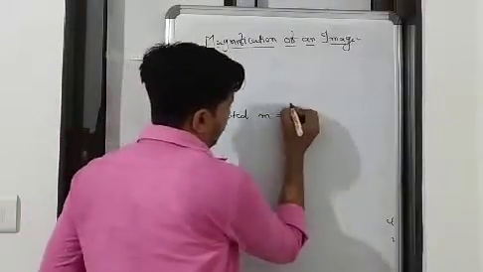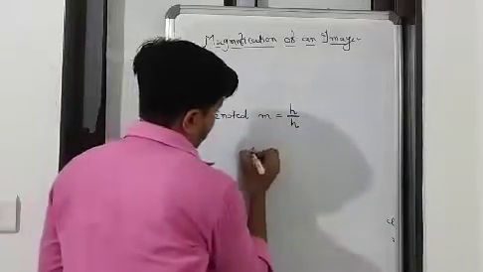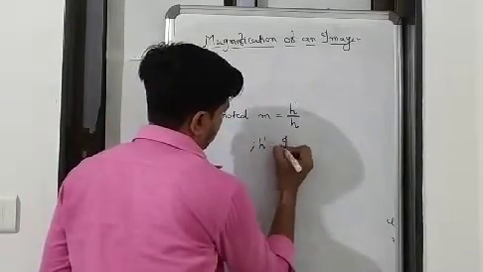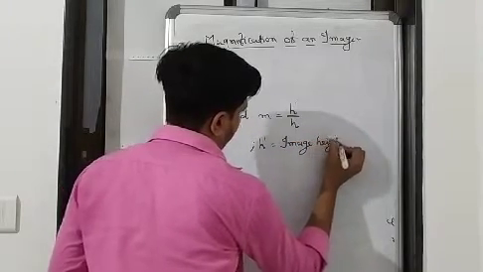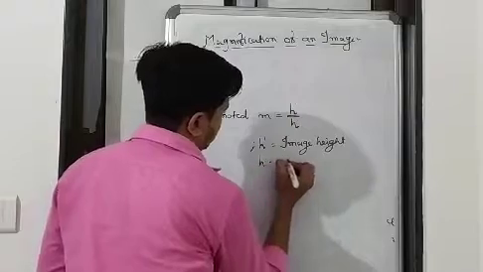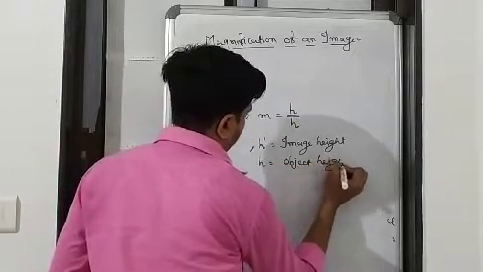And the formula is h dash by h, where h dash is the height of the image, while h is the height of the object.